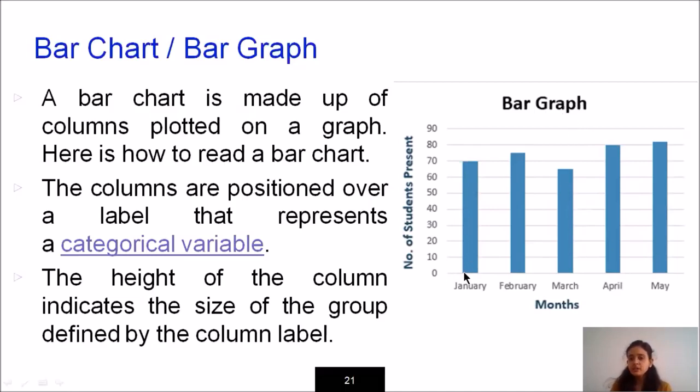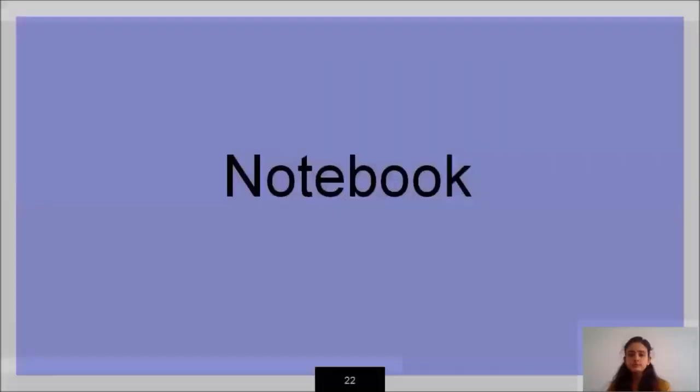Again I am repeating, the bars of a bar graph are of equal width and the height differs, or we can say the length in the vertical direction differs. So when you want to do a comparison between two columns, the bar graph is very useful.